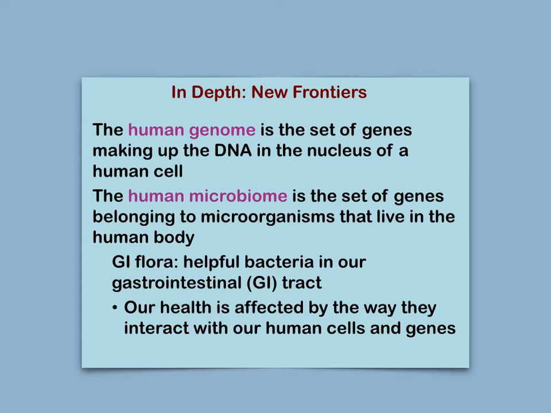There is actually a lot more that these microorganisms do. They can turn on the good genes in your DNA and turn off the bad genes. So our health is affected by the way they interact with human cells, genes and your DNA.